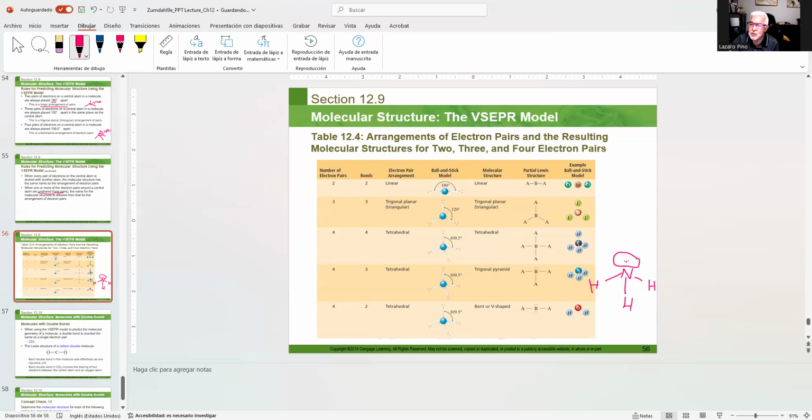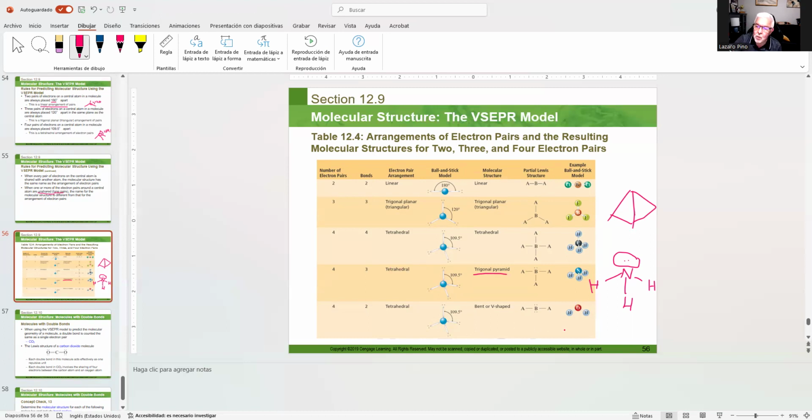And then, even though we have four groups of electrons around the central atom, it is not tetrahedral. The molecule is called trigonal pyramid because it's like a pyramid. And the angle of bond is less than 109.5 degrees, which it would be if it were tetrahedral.